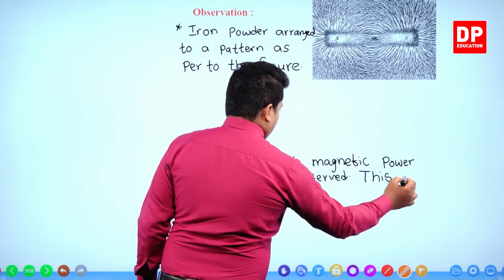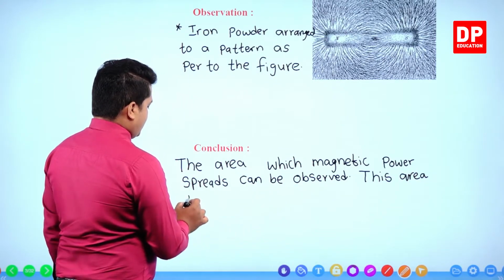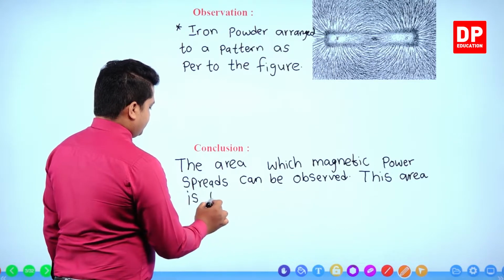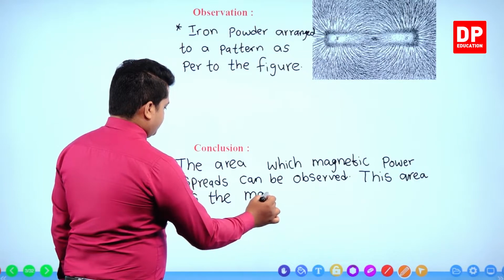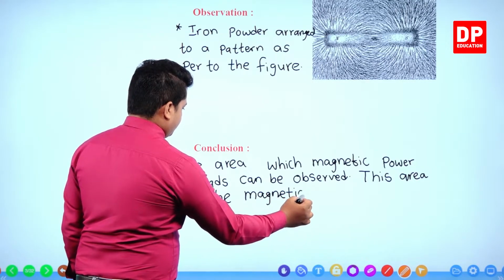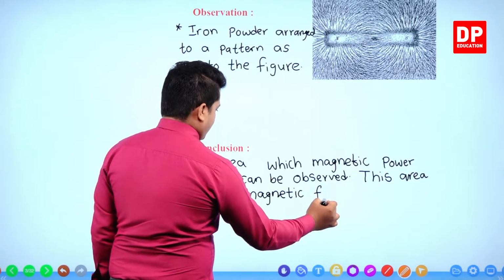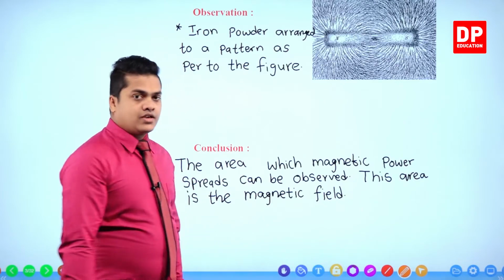This area is the magnetic field. This area is the magnetic field. So this is our final conclusion.